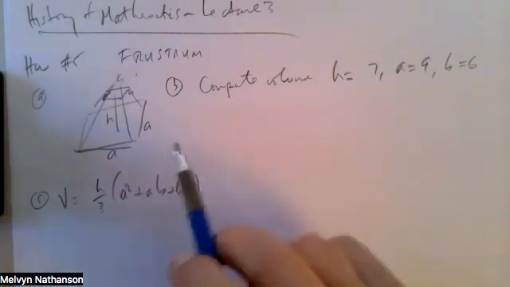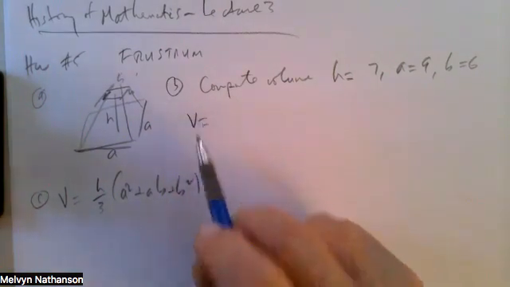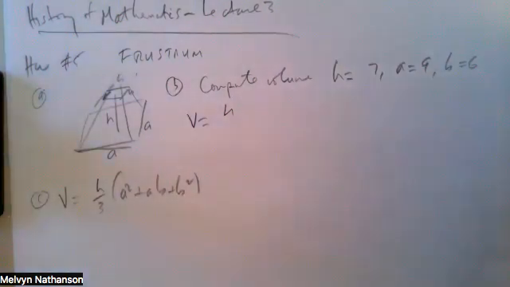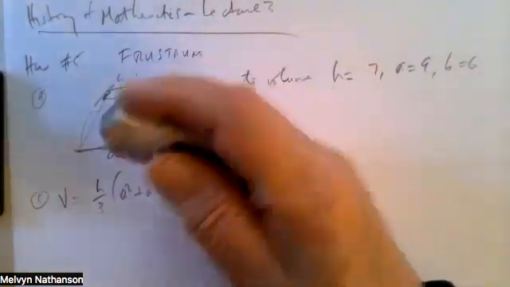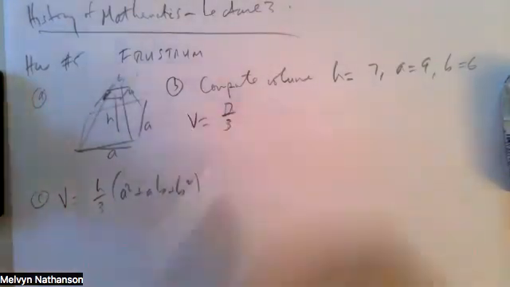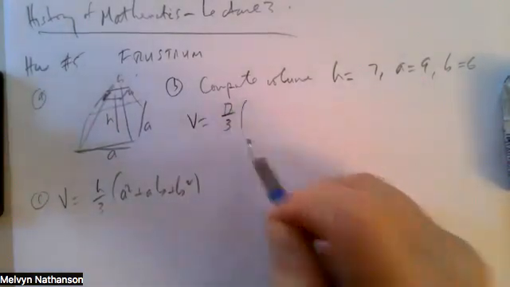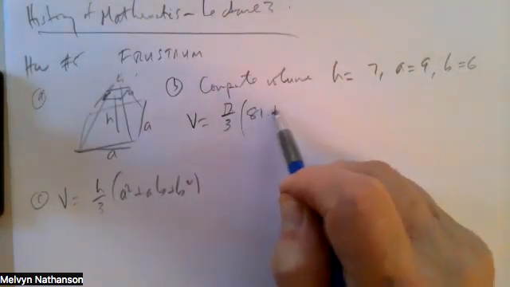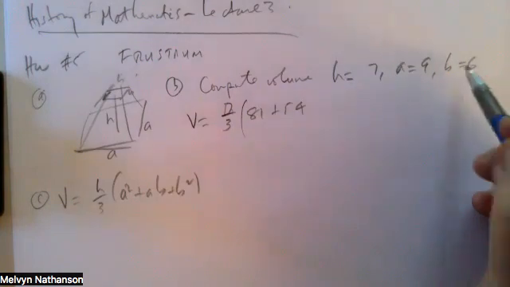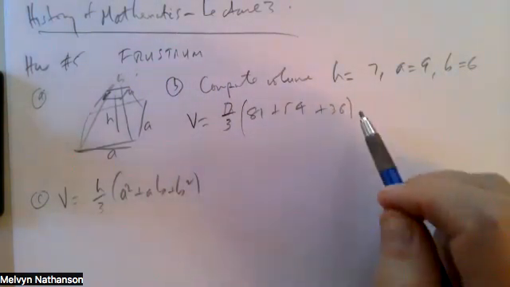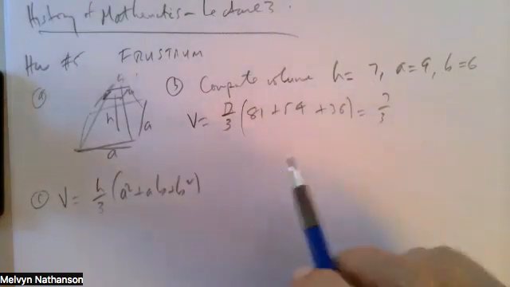So if I were to use this formula, I would get the volume is h, which is 7, over 3, times a squared, 81, plus ab, which is 54, plus b squared, which is 36. So that's 7 over 3.